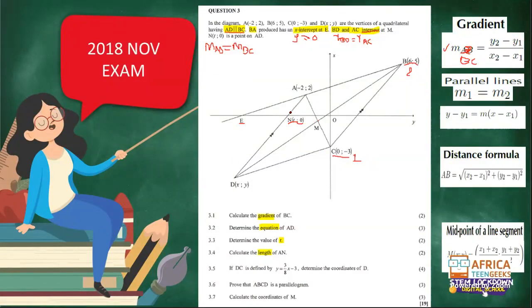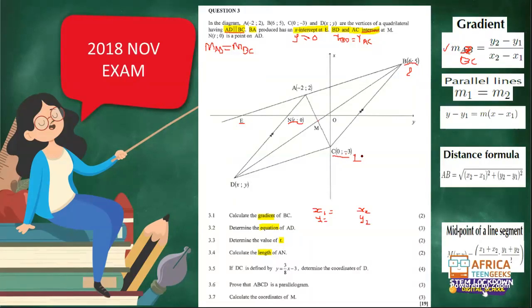When you solve your problem, you need to show first: this is my X1 and this is my Y1, and then you also need to indicate your X2 and your Y2. And make sure that when you substitute, you don't forget the negative sign.